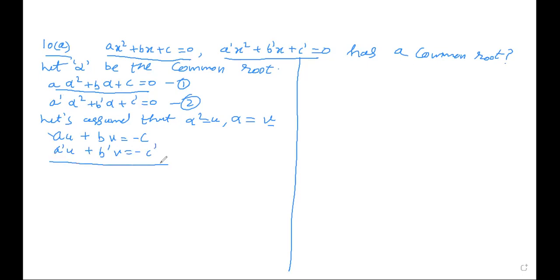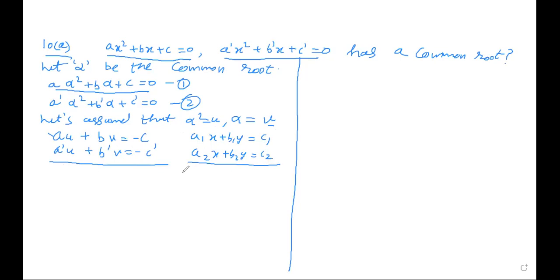Now these two are simultaneous linear equations, and we know the crisscross method for solving the equations a1x plus b1y equals to c1 and a2x plus b2y equals to c2.